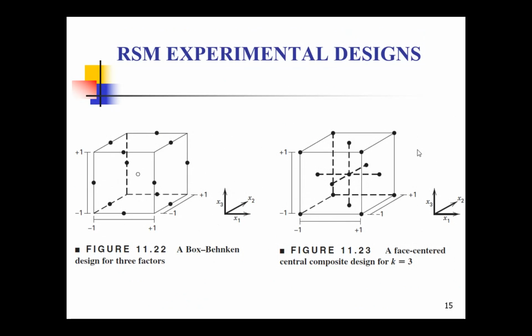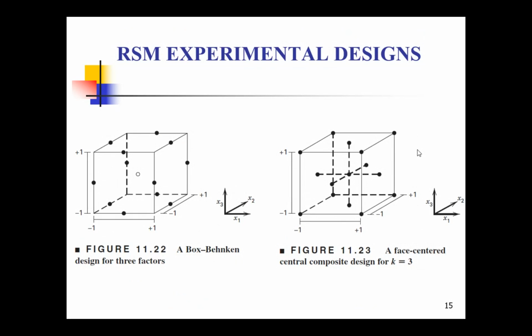So how is it going to work? First look into the Box-Behnken method. The Box-Behnken method consists of a cube representation. That is called the center point, axial points. No edge points are there in the Box-Behnken method.